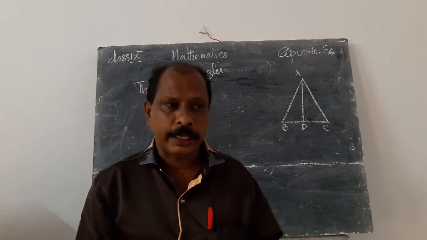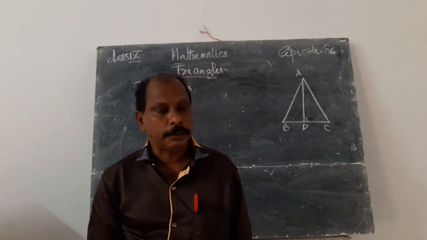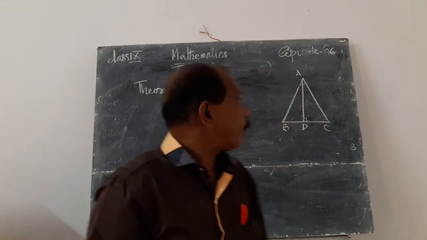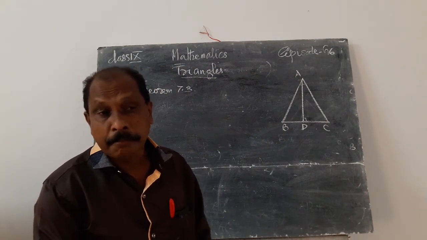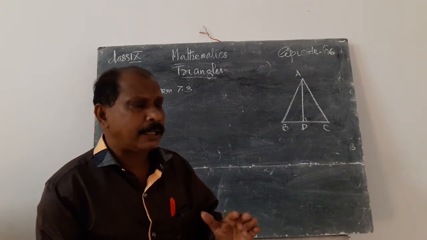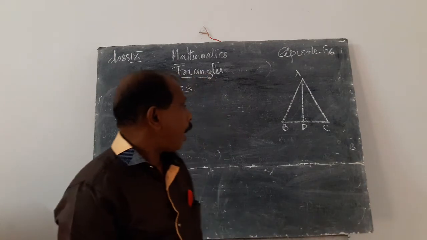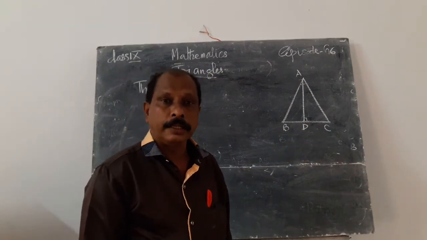But for isosceles and equilateral triangles, these 2 are the same, that is, the perpendicular is also the median. Therefore, AD is the median. Any median bisects, means divides with equal measure. It bisects the angle at the vertex and also bisects the opposite side.